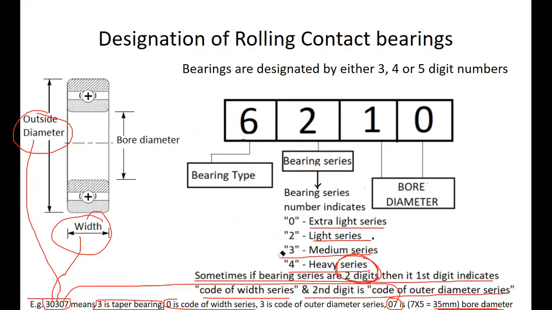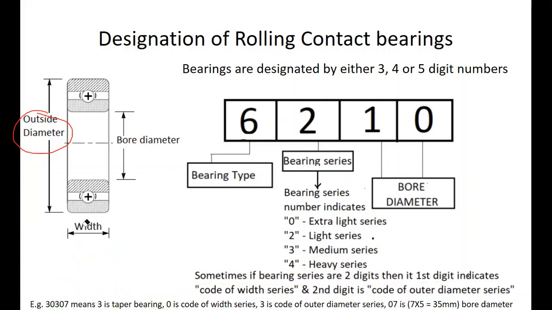So the second part is the bearing series, and this is how the bearings are designated.